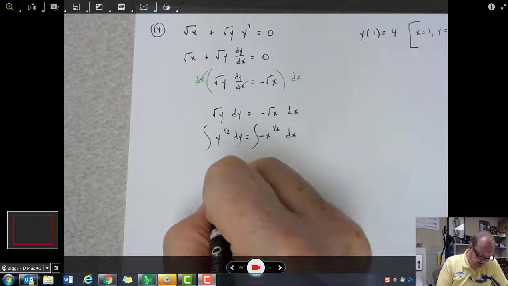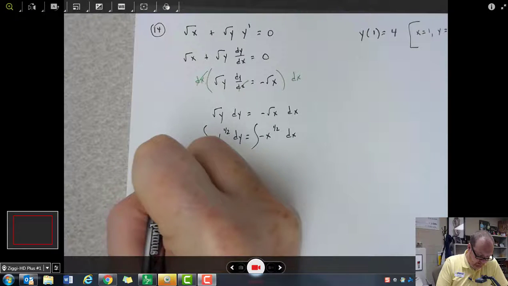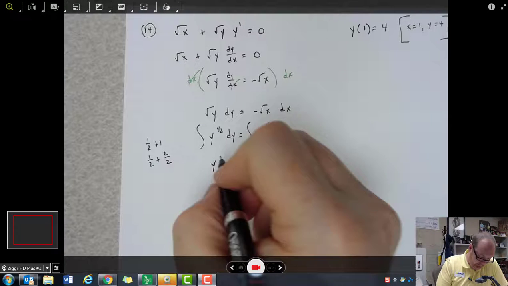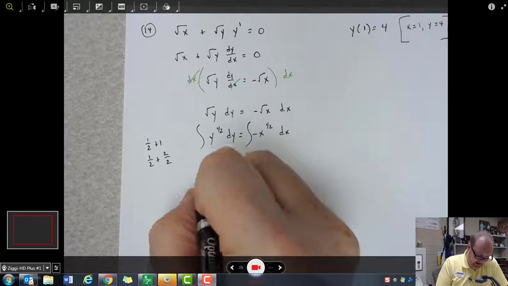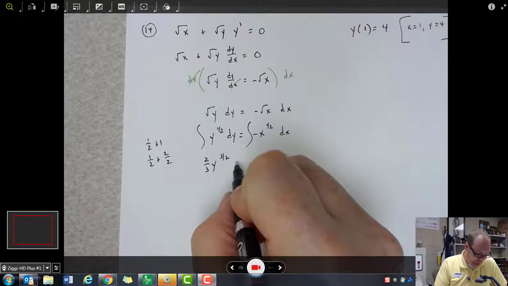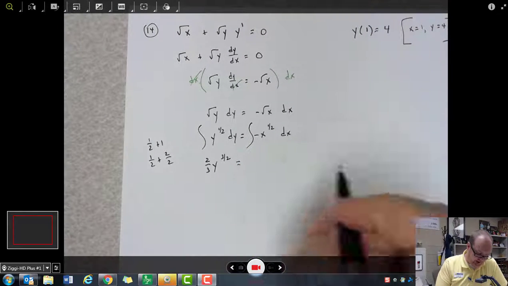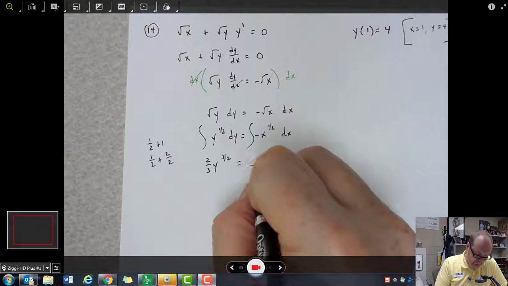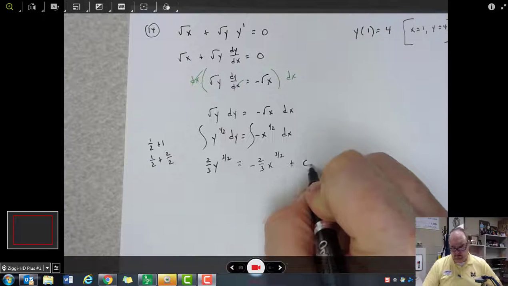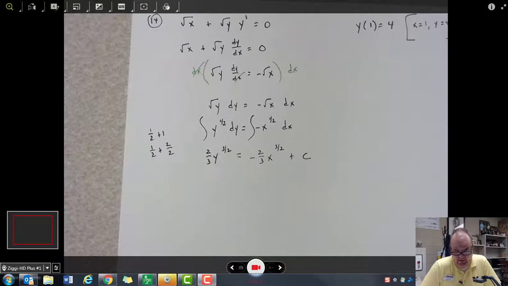If I add 1 to the power, 1/2 plus 1 is 1/2 plus 2/2, which is y to the 3/2, and divide is 2/3, plus a constant hanging out there. The same thing's going to happen on the other side, a negative 2/3 x to the 3/2. And then there are all the constants lumped together, plus c on the end.